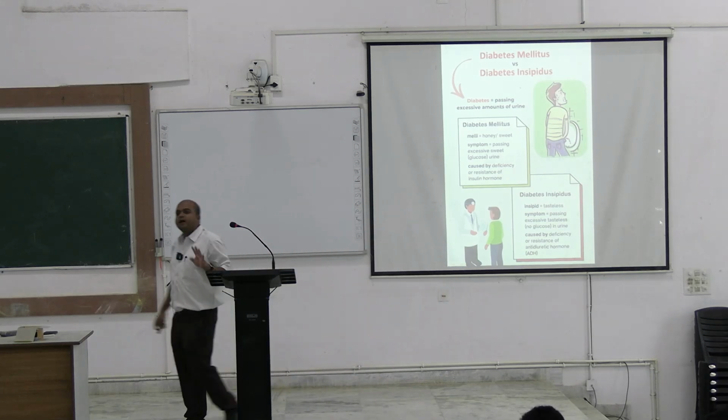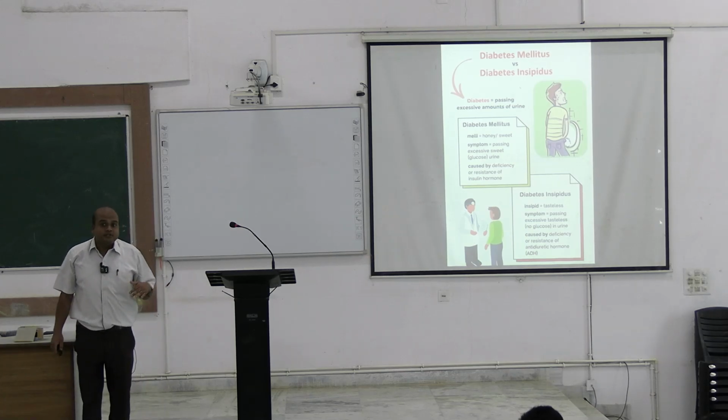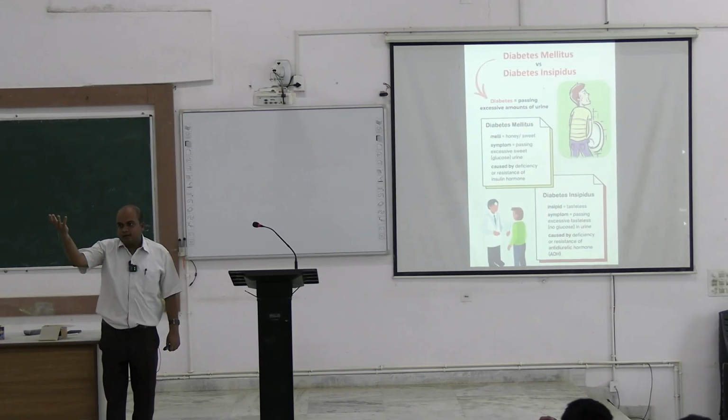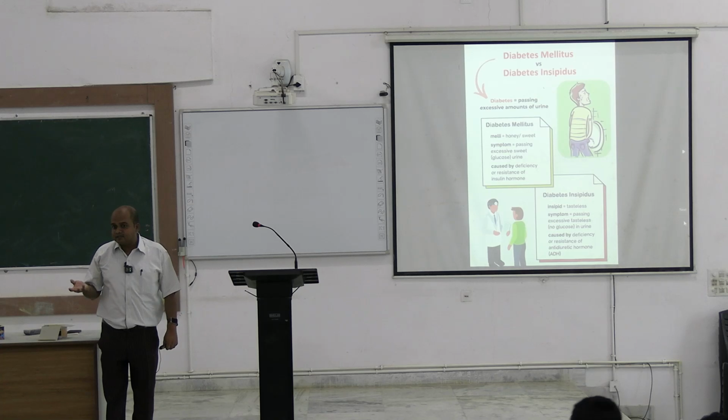It is different from diabetes mellitus. Now diabetes insipidus may be nephrogenic or central, which you will study again in medicine. If the pituitary is unable to secrete ADH, then it is central diabetes insipidus.